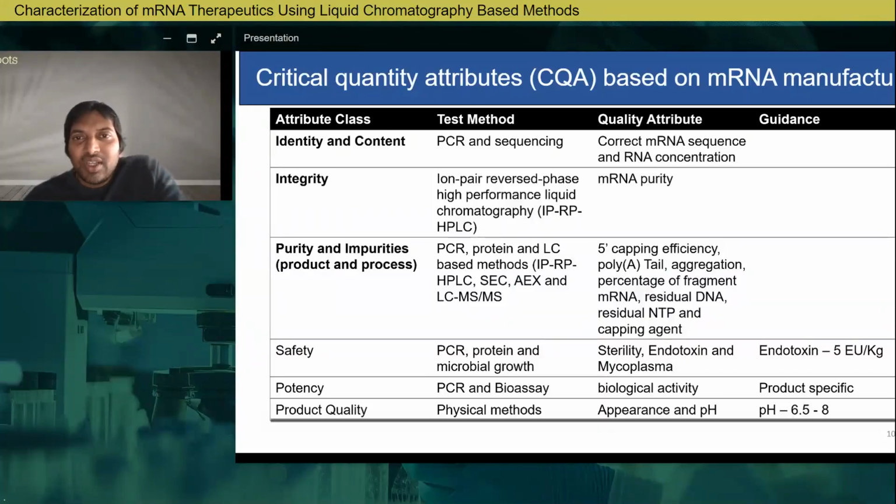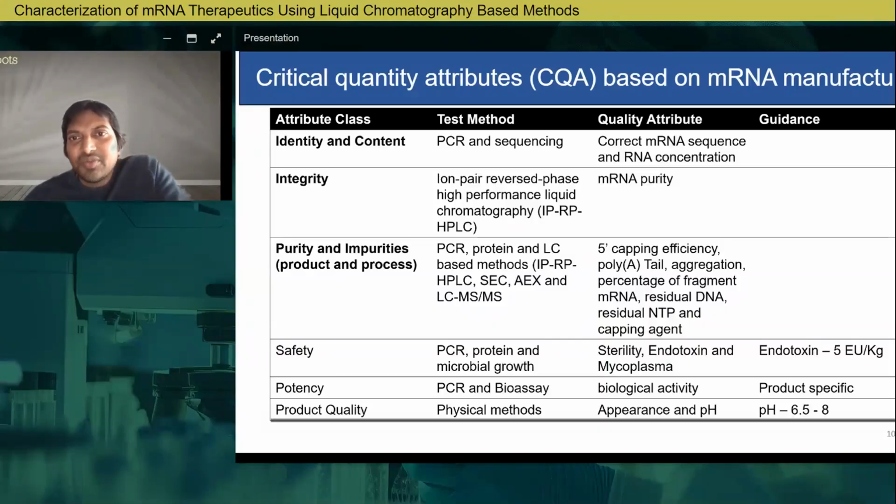There are different methods to look into that, and PCR is one of them. Protein-based methods are available because you have reagents like polymerase in it, and you can use an ELISA to identify it. And there are LC based methods, which include IP-RP-HPLC, SEC, AEX, and LCMS methods.